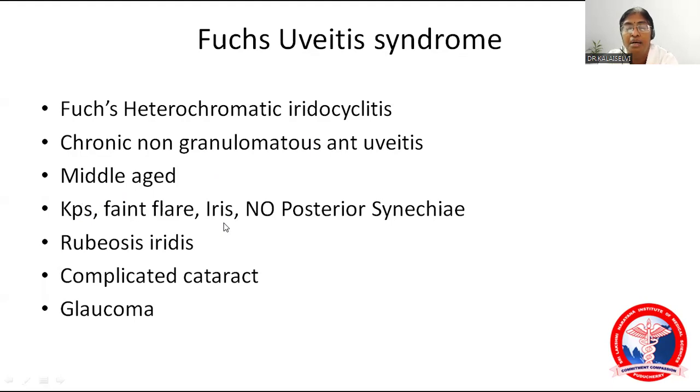Then the iris appears atrophic, with patches seen in the mid-periphery of the iris, and peculiarly there is no posterior synechiae formation in this uveitis. There are new vessels appearing on the iris, and we have a complicated cataract which develops in the course. Glaucoma is also seen, where there is a rise in intraocular pressure in a few of the cases.